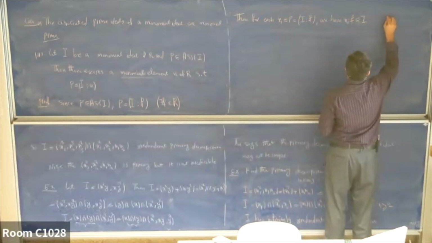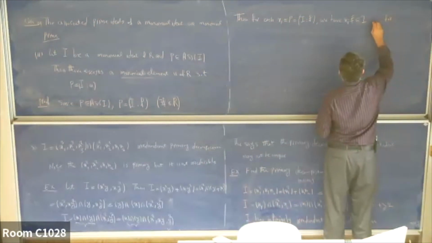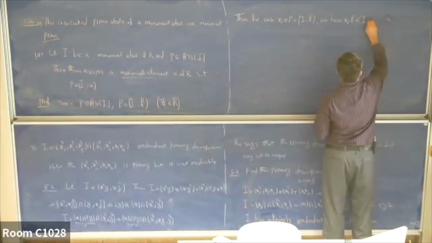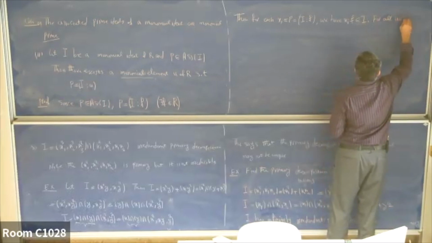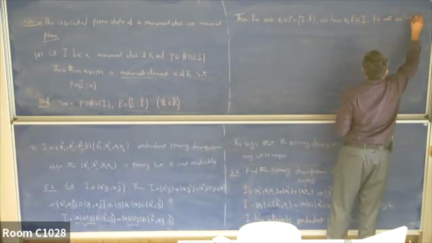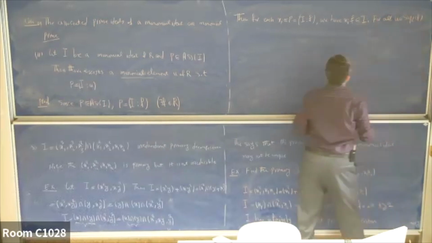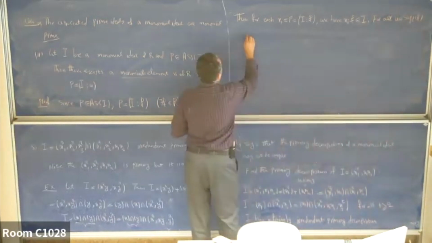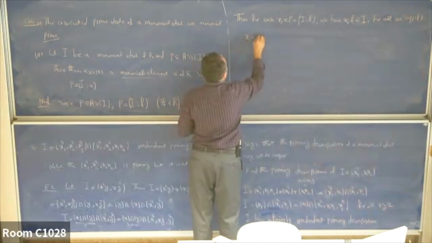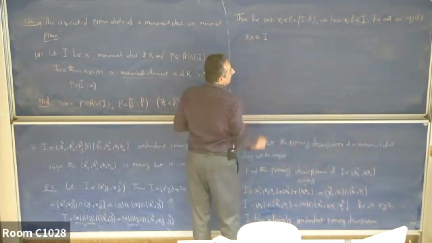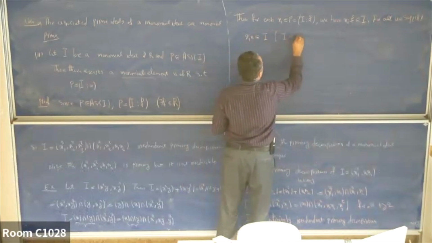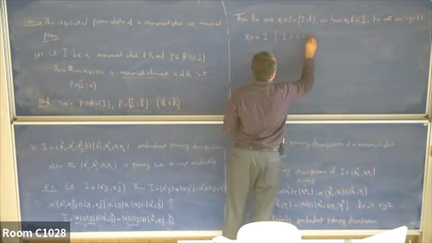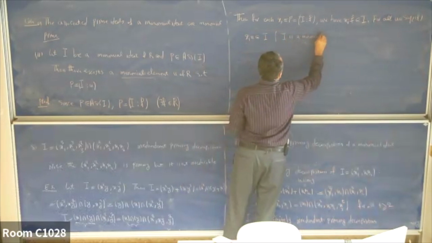Then for all u in the support of f, uxᵢ belongs to I because I is a monomial ideal, by the definition of monomial ideals.